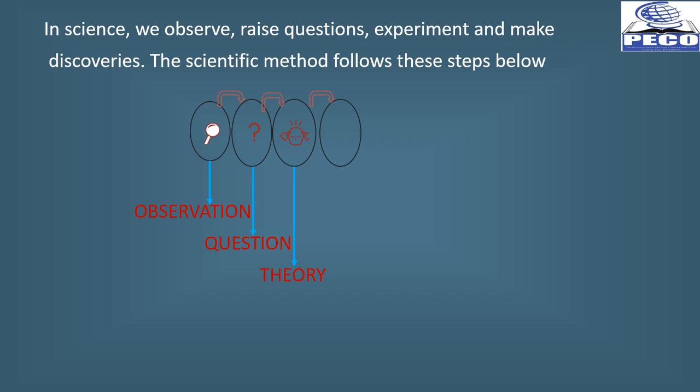That's your theory. You think it is the answer to your question. So after you have come up with a theory, a suggestion to the problem, trying to predict the reason why the apple fell, then you predict and then you experiment.